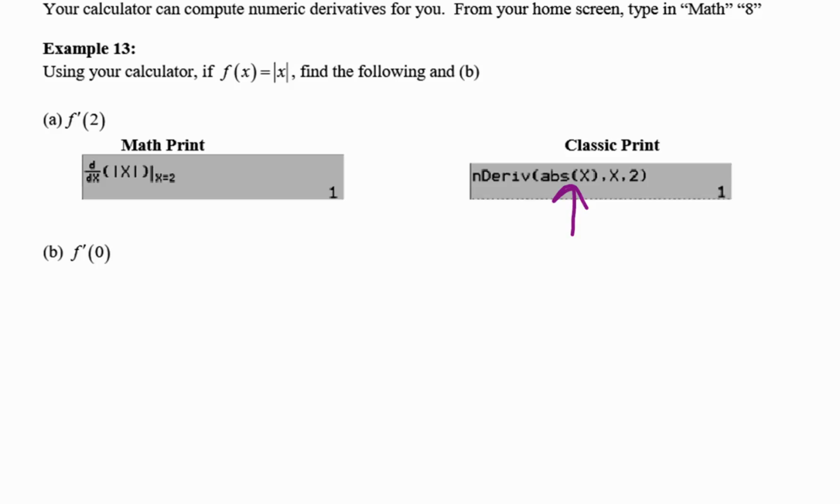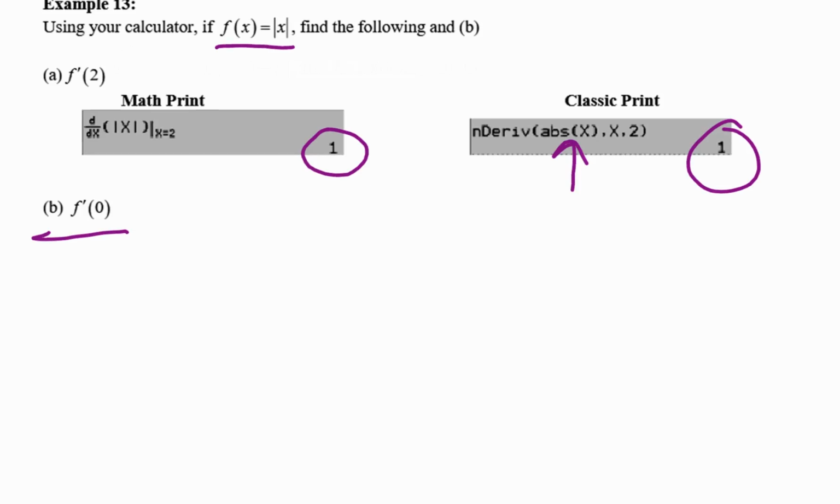So in this case, it says A, we found that, so it should be 1, but practice using this on your calculator. And keep in mind, we know that it's not differentiable there, but what does your calculator say? It depends on what software version you have. So please put this also in your WISC because I want to know what your calculators are saying.